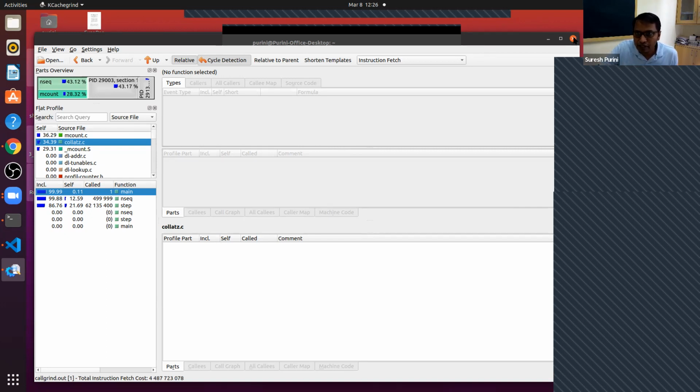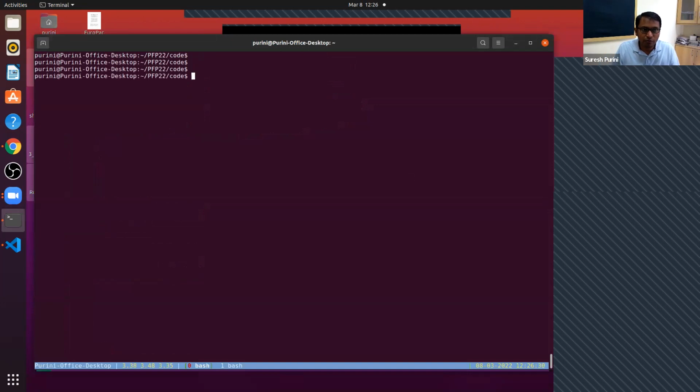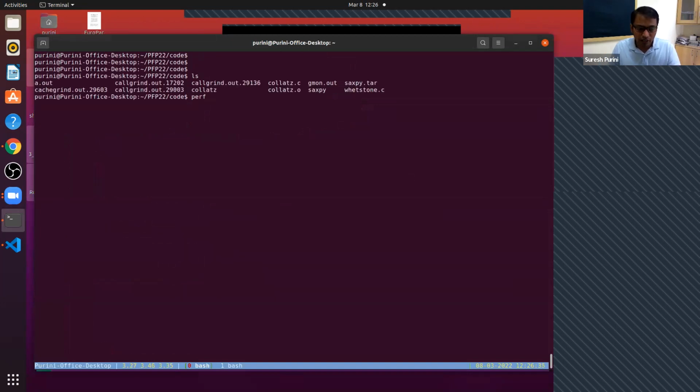Okay. So now we will move on and look at one more approach, which is using a tool. Modern processors have what are called hardware performance counters.